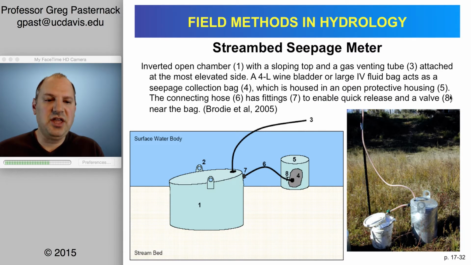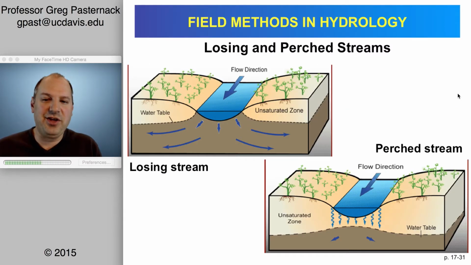The technology that you can use to assess whether a stream is gaining groundwater from discharge or losing water as groundwater recharges to the water table is called a streambed seepage meter. Now, before showing this, another thing you can do, of course, if you're really good at stream gauging, is use the velocity area method at an upstream location and at a downstream location.